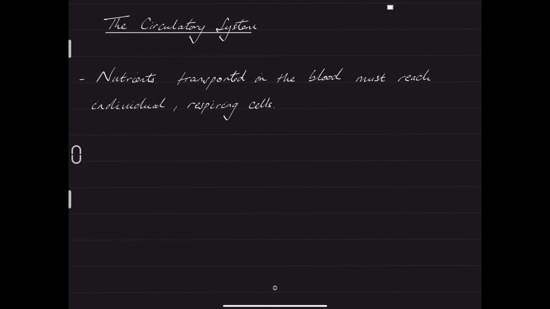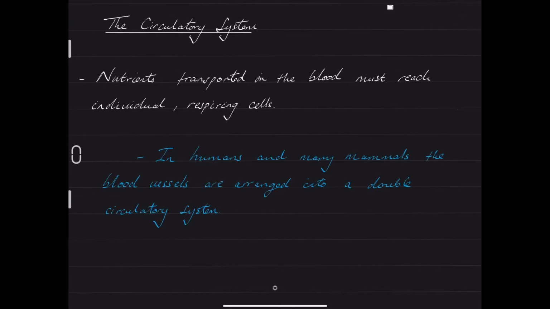This means the network of the blood vessels is quite far-reaching, and it needs to be because all respiring cells need nutrients to be transported to them and waste products need to be removed.